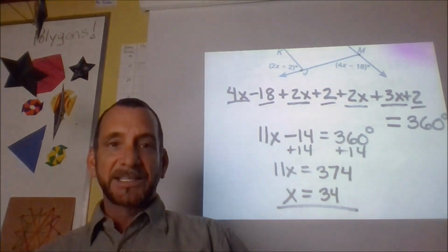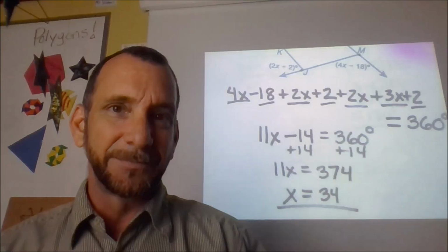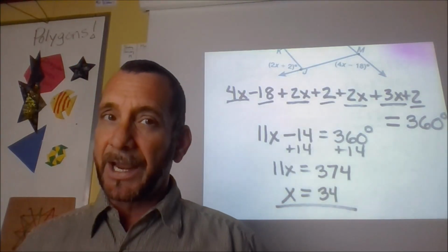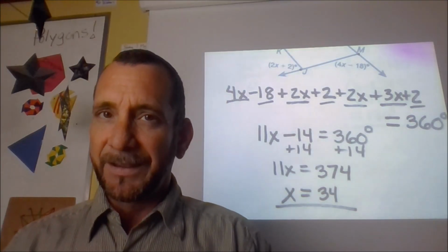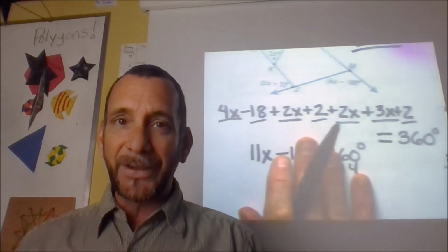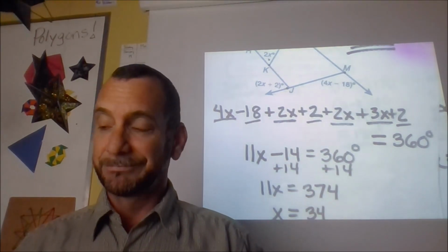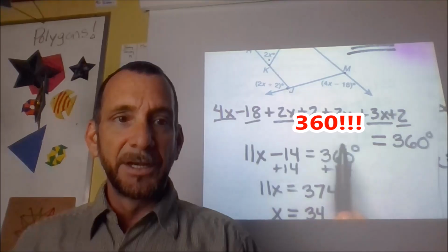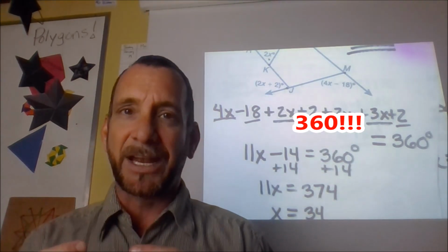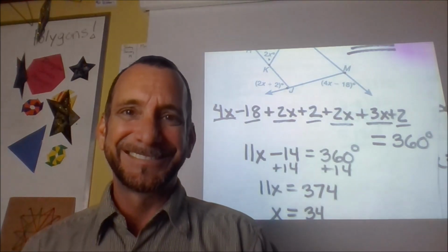Now, if I asked for x, you would be done. If I asked you to plug x in and get every exterior angle, you could do that. And if I asked you what do all of those exterior angles add up to? 360 degrees. Always for convex polygons. Magic number, 360.